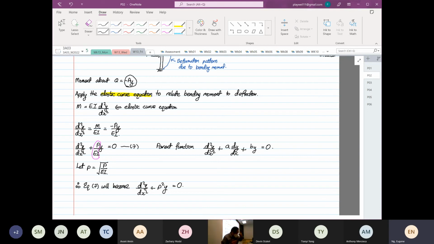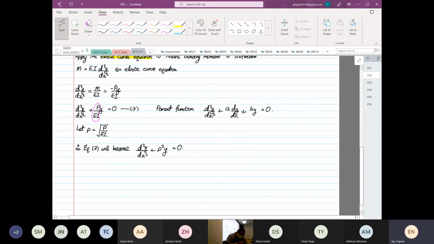So the general solution that we get, what we have is imaginary roots.